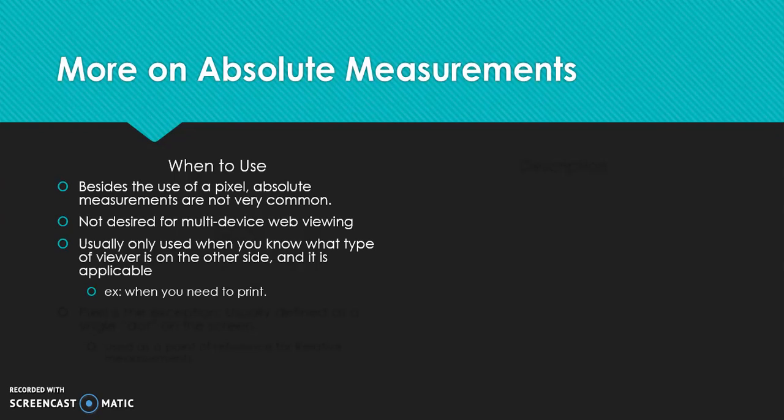So on the phone you'd have to be scrolling to try to find, and it'd be a mess. So it's not desired for multi-device web viewing. It's not really friendly that way.